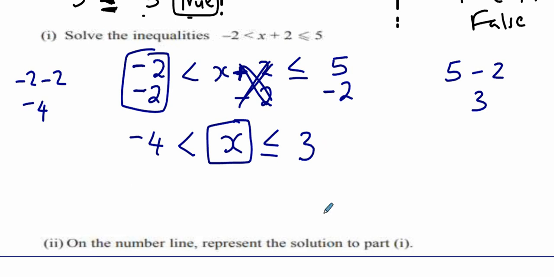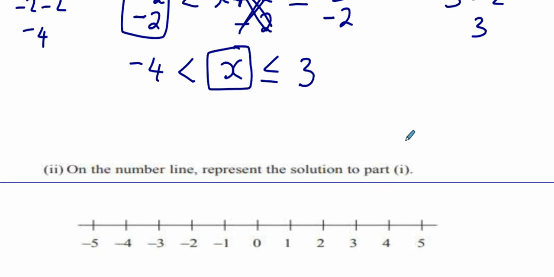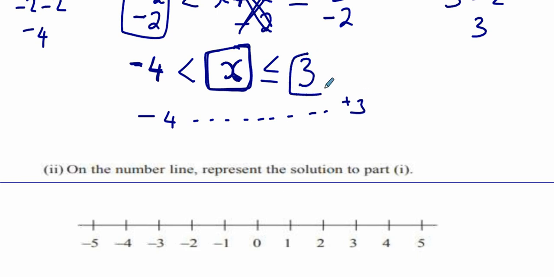Correct. Now, what does this mean? It means that the values of x are all those numbers which are between negative 4 and positive 3. Can you see that?